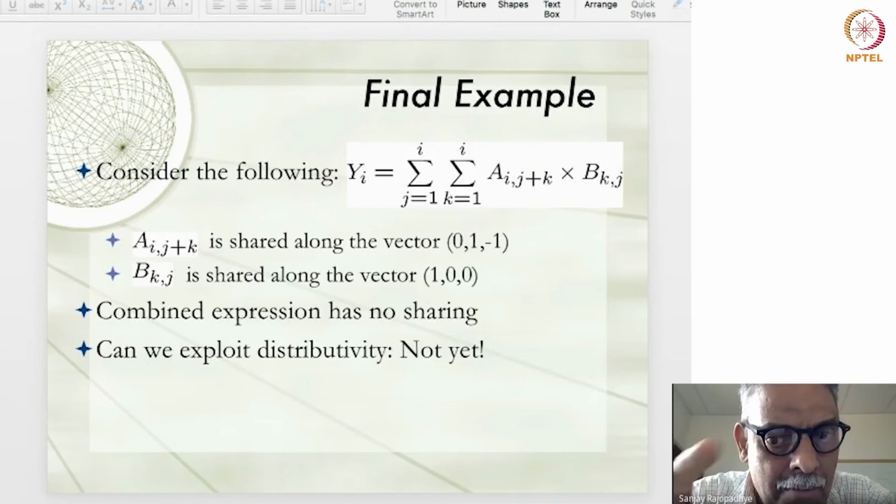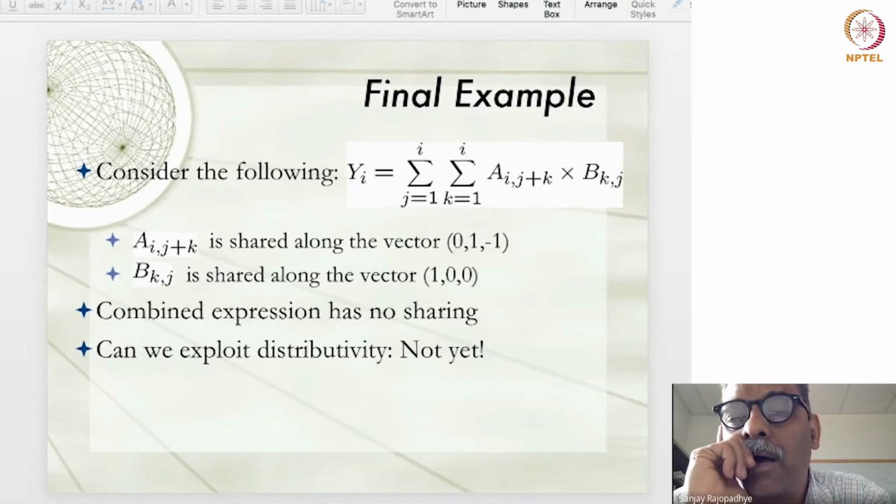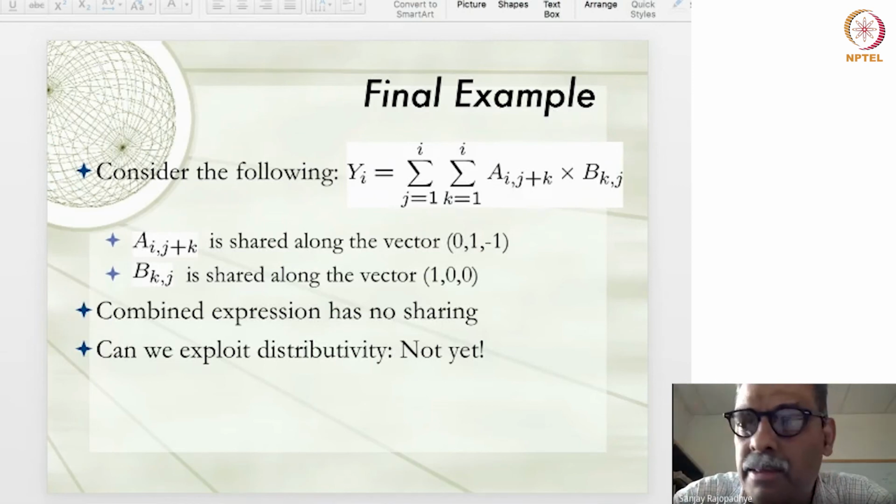If you look at the combined expression, it depends on i and j and k, and then there is really no reuse possible in the expression. But there are 2 sub-expressions, a of i, j plus k and b of k, j. These are 2 sub-expressions, and they're combined with an operator, multiplication, that distributes over addition.